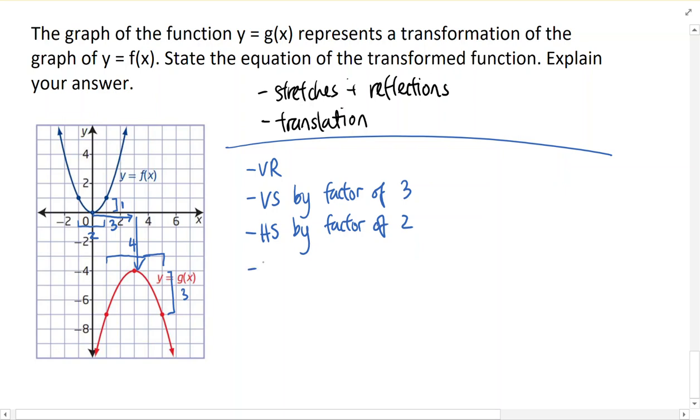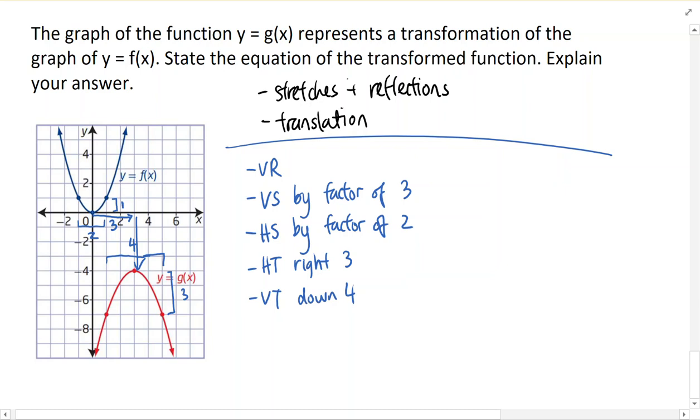So let's start with the horizontal first because that's h. Horizontal translation, right 3, and vertical translation, down 4.